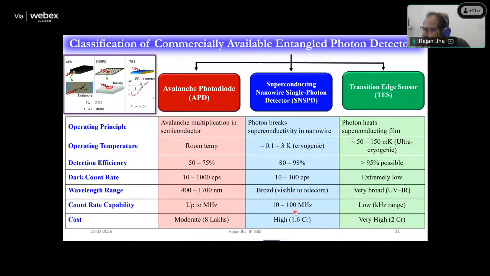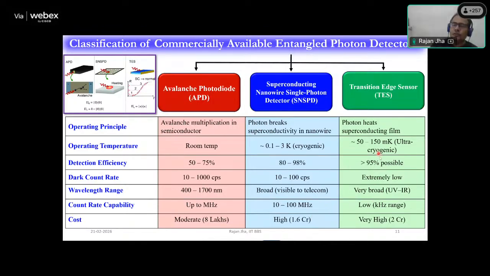So just for example, when you use internet at home, you always see what is the download speed, like kbps or mbps. So this megahertz speed we are talking about is the speed at which you'll be able to count those single, entangled single photons that are being generated. So these are very, very important.